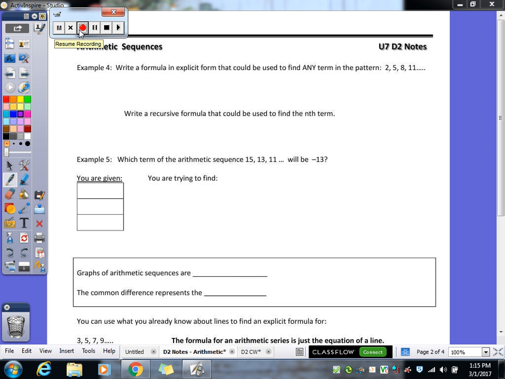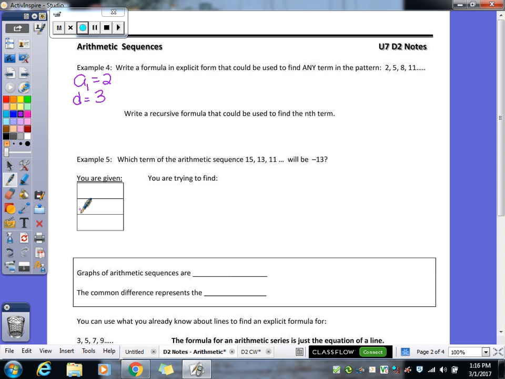So let's take a look at example 4. We have: write a formula in explicit form that could be used to find any term in the pattern 2, 5, 8, and 11. So again, let's make our little list of what we know. Our first term is what? 2. Our common difference? 3. Do we know which term we're looking for?